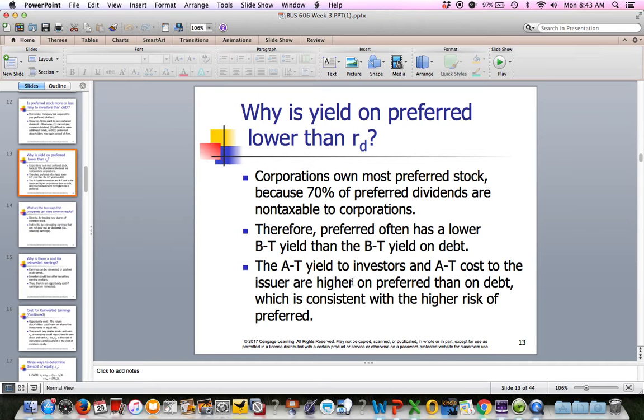So what the government has done is said to corporations, you can exclude 70% of preferred dividends from taxable income because of the triple tax effect. Okay, so that changes the yield on preferred stocks then. And that's why a lot of corporations own them, is because 70% of those dividends are tax excludable. I don't pay tax on 70% of those. So that's a great investment for a corporation.